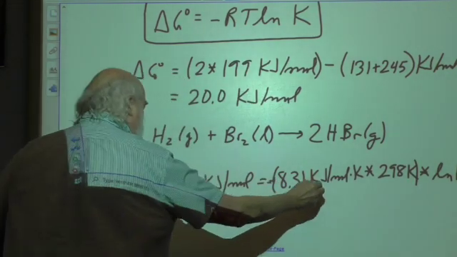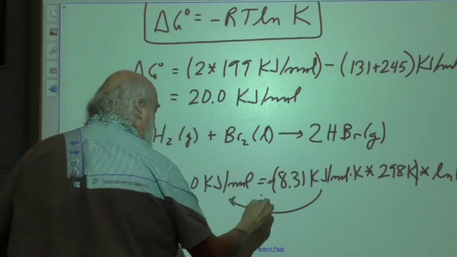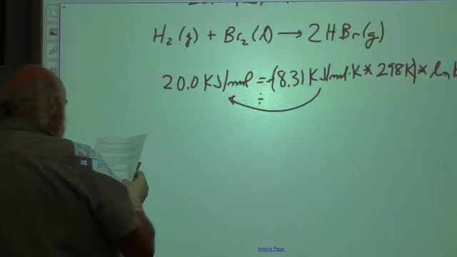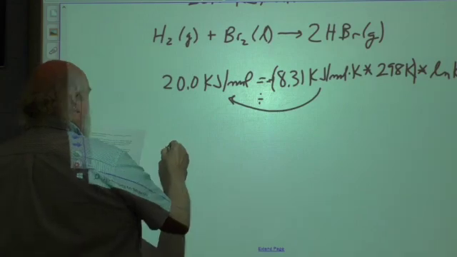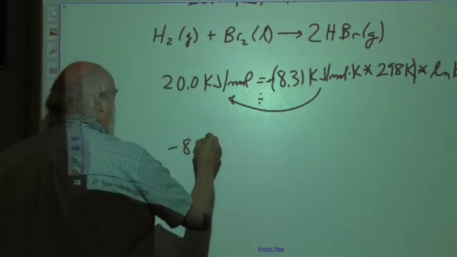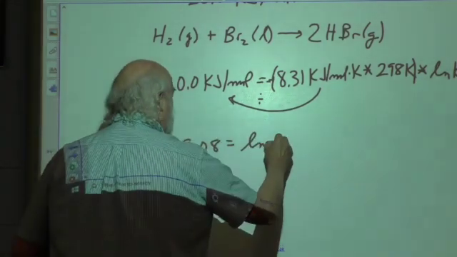So I'm going to divide that over here, and I get negative 8.08 equals the natural log of K.